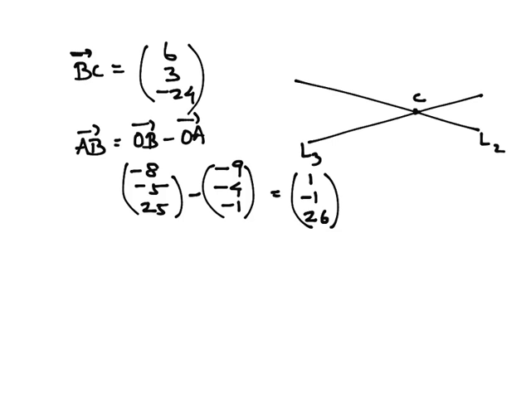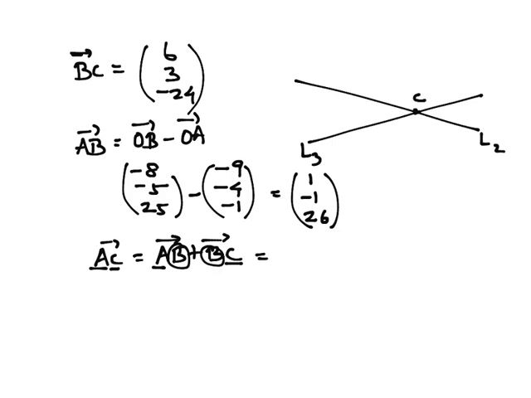The next part is find the magnitude of AC. Now to find the magnitude of AC, I need AC vector first, right? So AC vector is equal to AB plus BC. As you can see, A starts, it ends at C, and in between the Bs are the same.